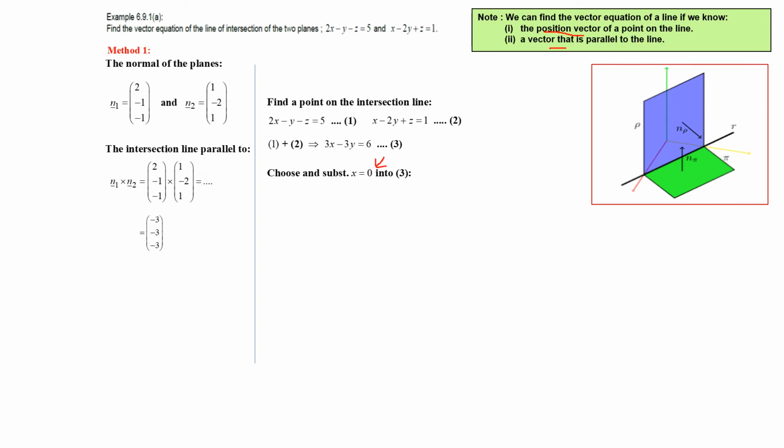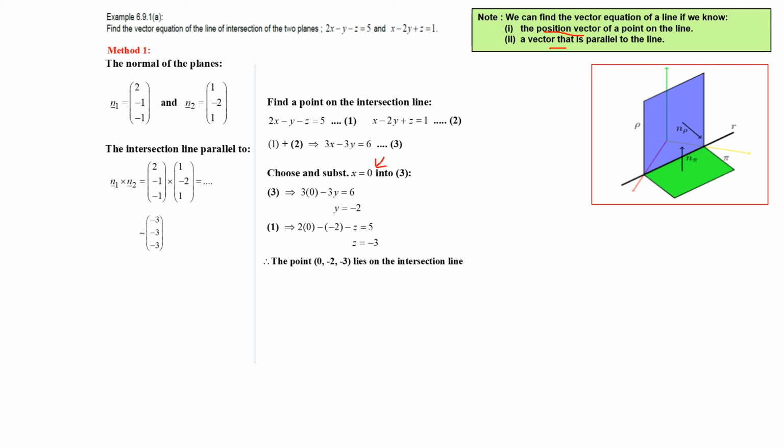So now, if x equal to 0, then in equation 3, you will get y equal to -2. With the values of x and y, you can substitute into either equation 1 or 2 to find z. So this is the coordinate of the point.